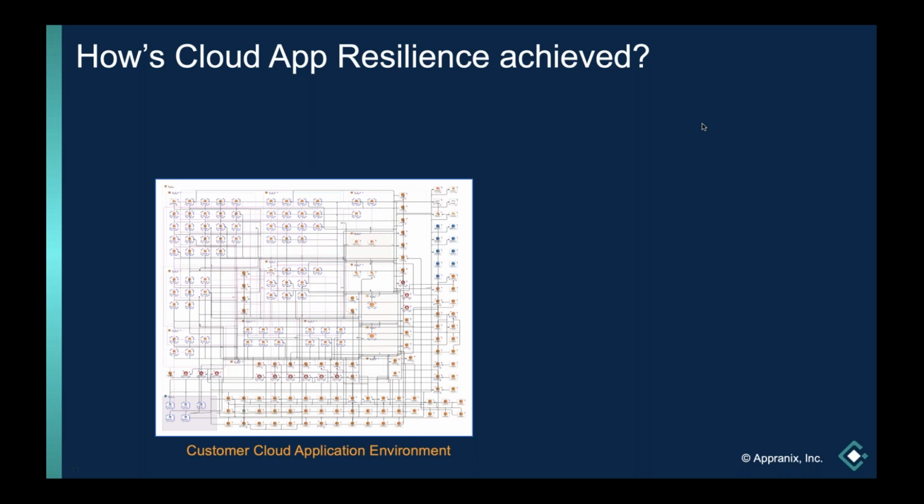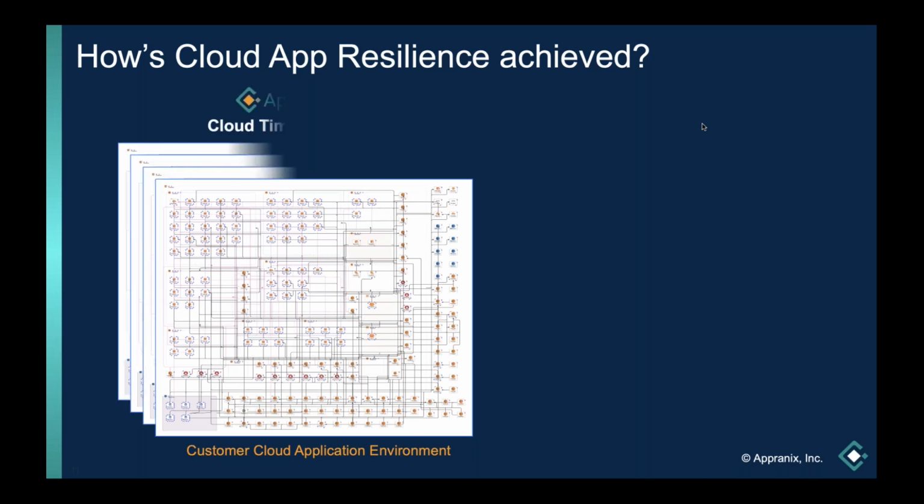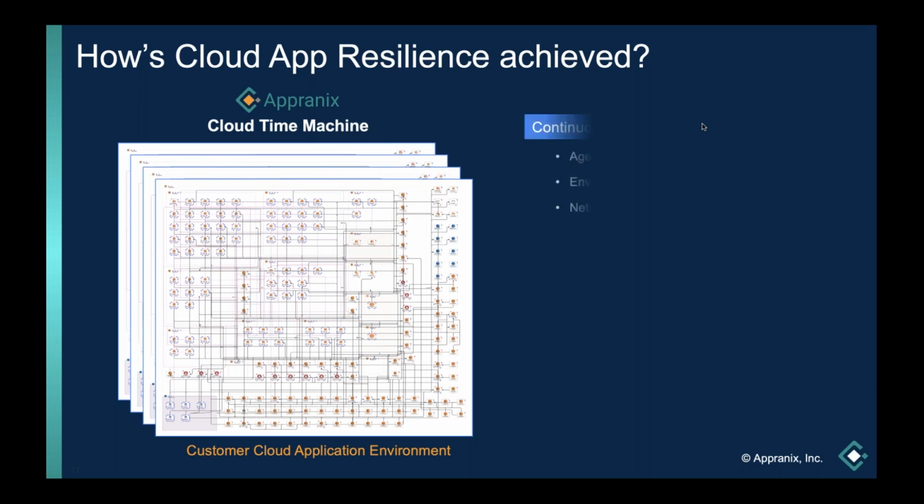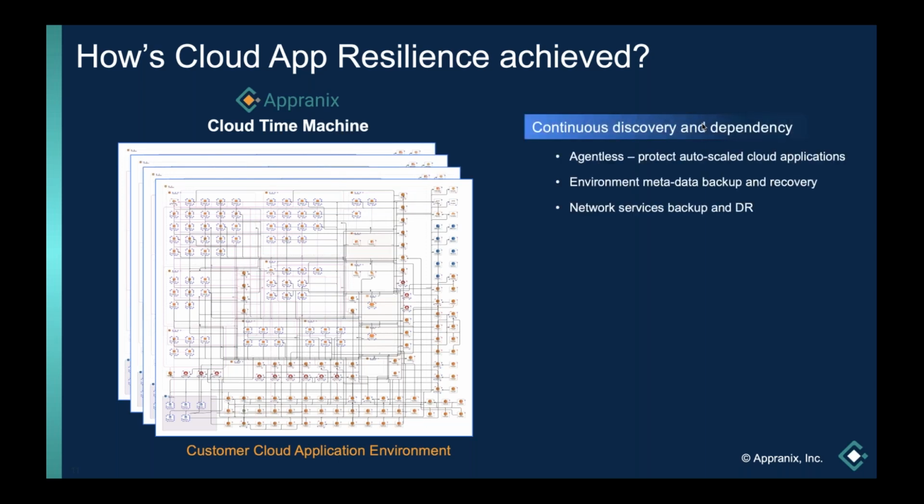So in essence, what we do is go and discover this cloud environment, the cloud native environment as well as the cloud enabled environment. We create a cloud time machine. We do that with no agents, by backing up all your metadata, configuration, network services, all of that.